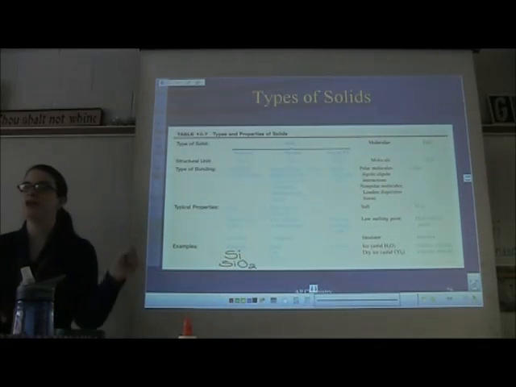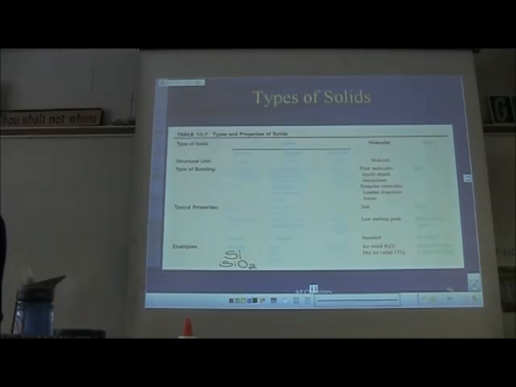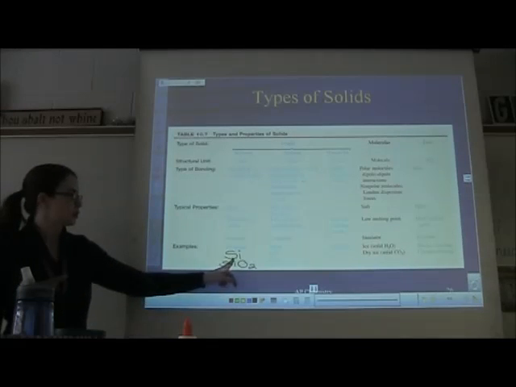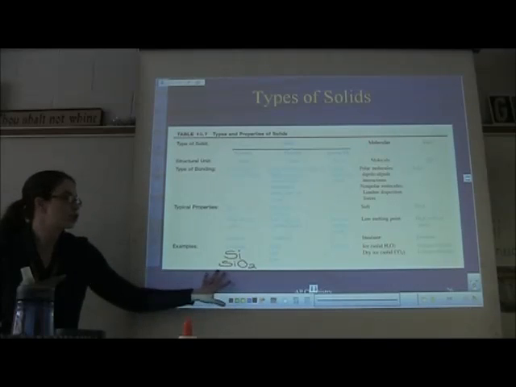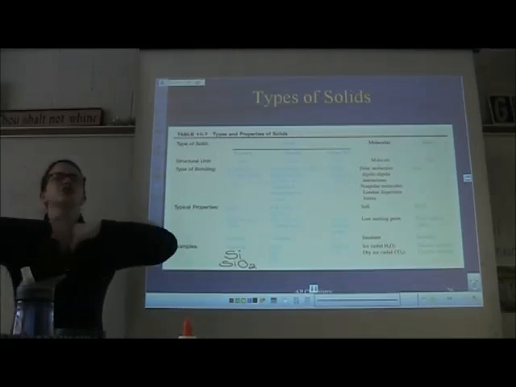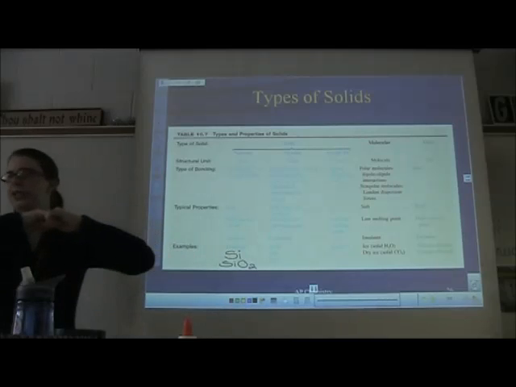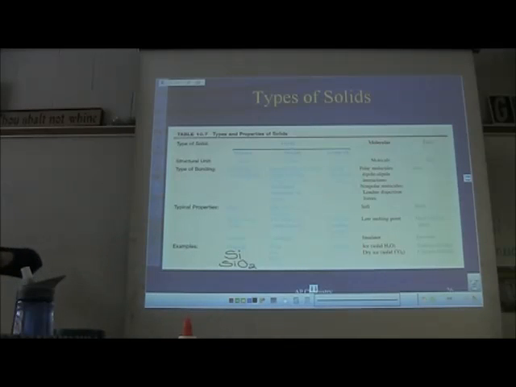Remember we said diamond was the hardest natural substance on Earth? Okay? It also has one of the highest melting points. So does silicon dioxide. Okay? Extremely, extremely strong bonds holding it together.